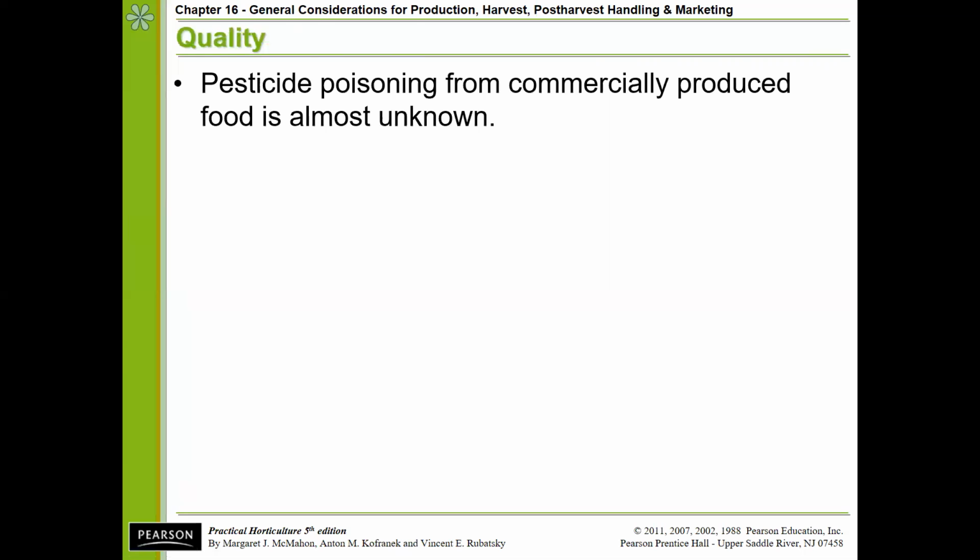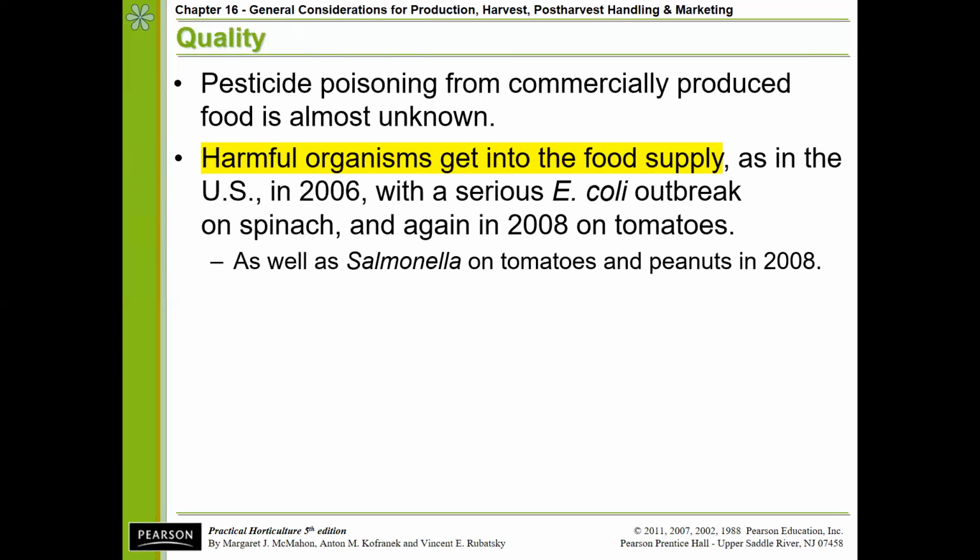Some researchers think that gluten intolerance, for instance, might be caused more by pesticide residue. So there are almost no direct pesticide poisonings, but there might be some indirect issues caused by pesticides.